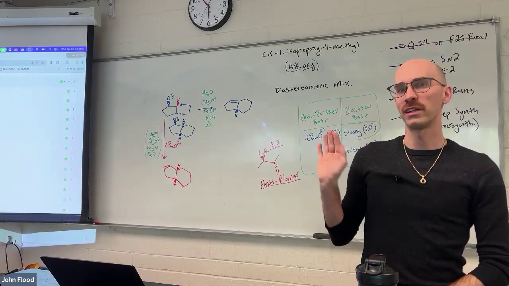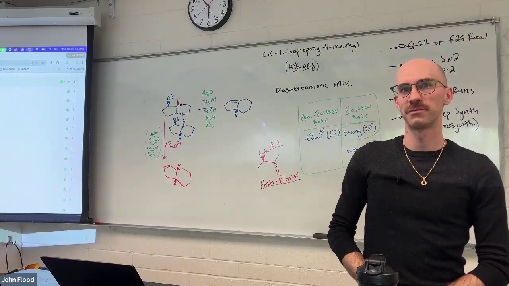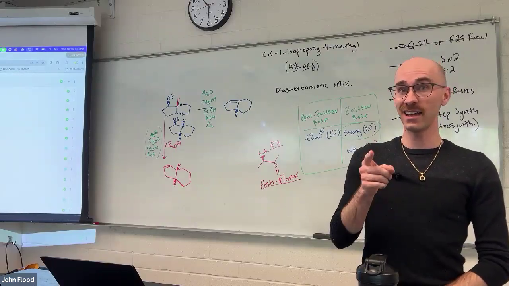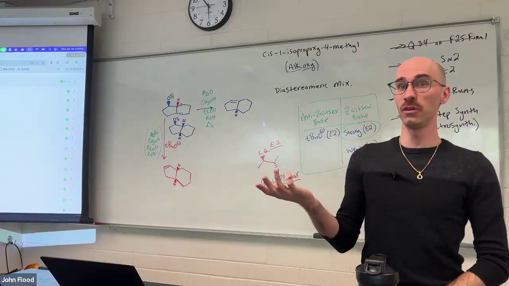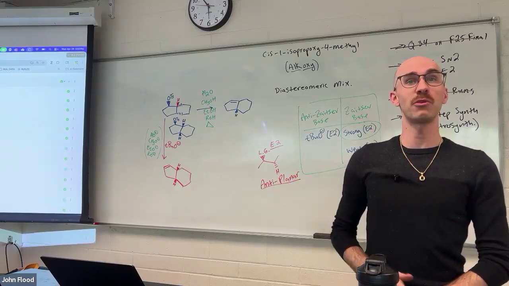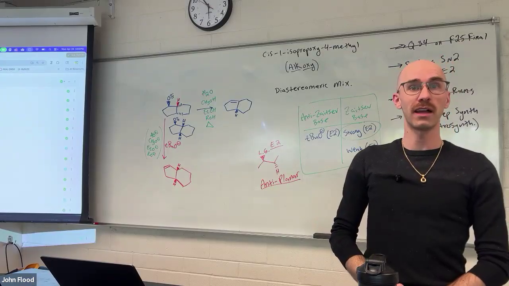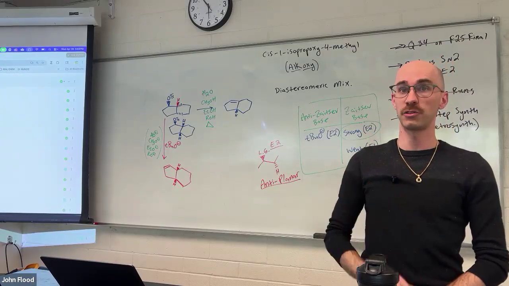Me personally, I'm always anti-Zaitsev, never pro-Zaitsev. Good question. Technically, yes, because Zaitsev's rule was that the most stable alkene forms, and the one on top is the most stable alkene because it's the most substituted.